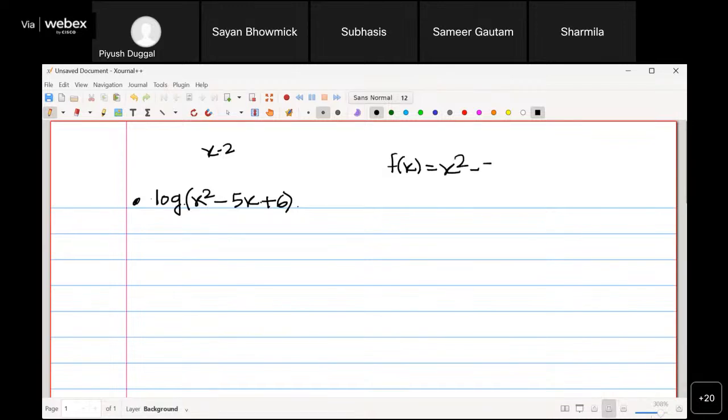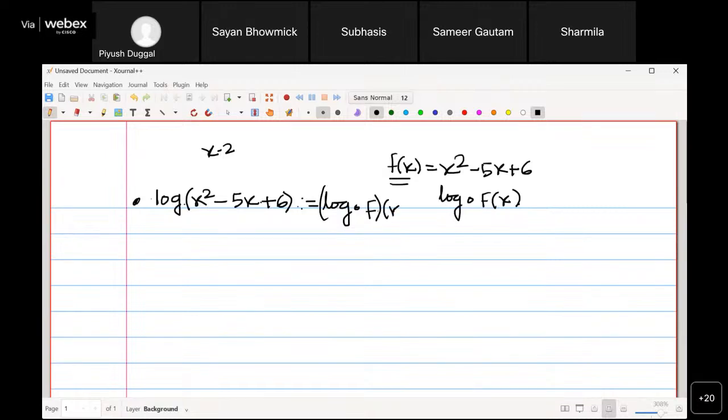Yes. But if you compose this function with log, suppose you are composing log with f of x, this is precisely log composition with f of x.